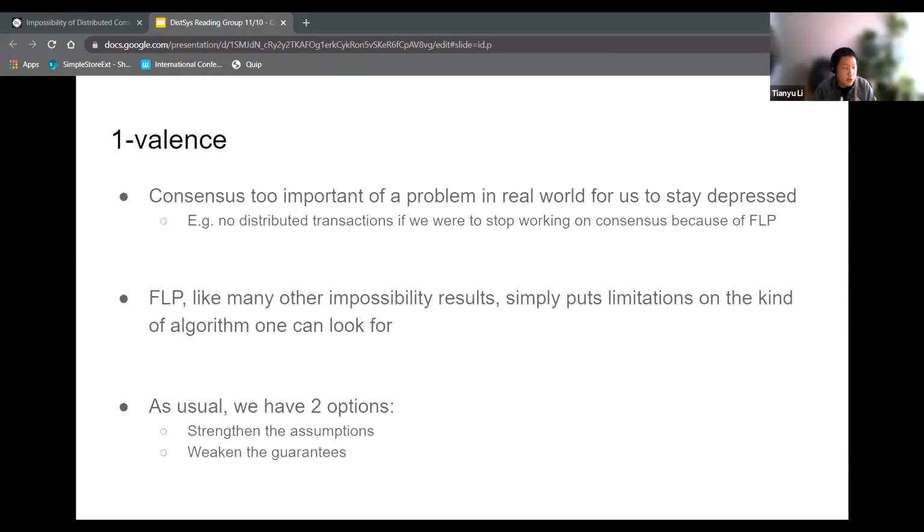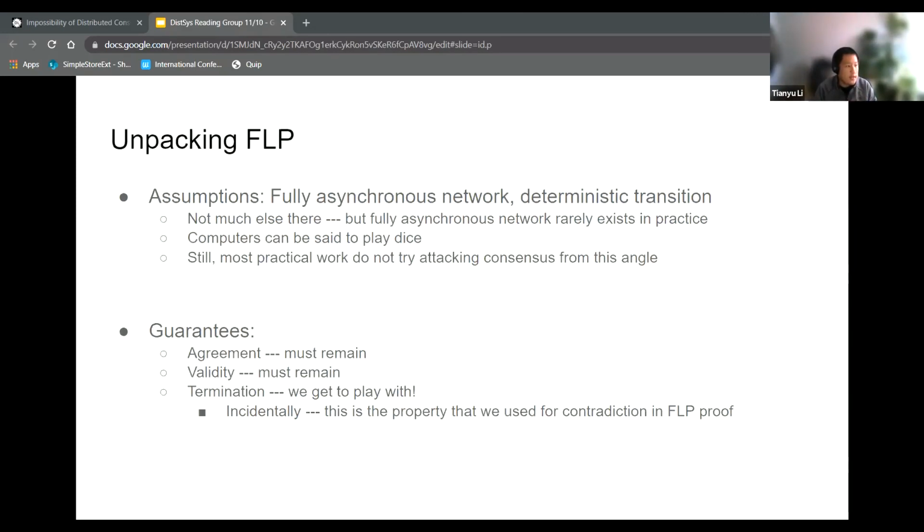As usual, we have two options here. We can either strengthen the assumptions of our system model to make this possible, or we can weaken the guarantees to make this possible. Let's look at each of these options. First, we can try to relax the assumptions. The assumptions here are a fully asynchronous network and deterministic transition, not much else. This is a pretty strong result.